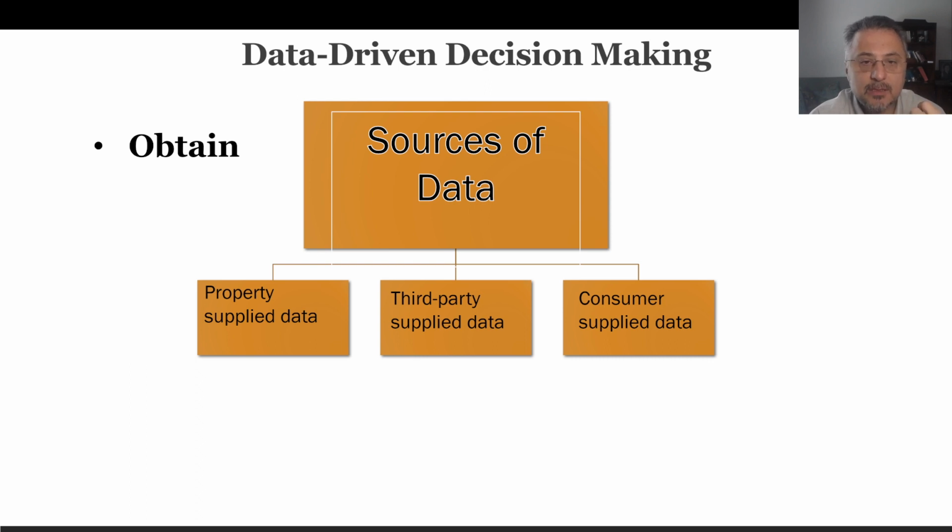Now, the last one is called user-generated content or consumer-supplied data. With the increase in social networking, video sharing, blogging sites, tweets, etc., this area becomes more important than ever. Think about it. When you want to book a hotel, most likely as a person, you go and read reviews about the property, and that is most likely going to affect your decision to book.